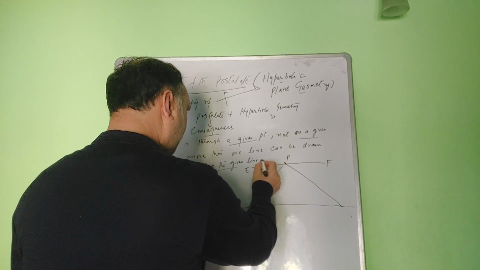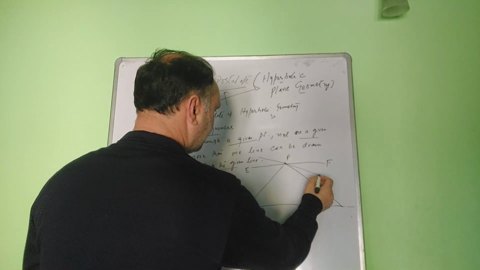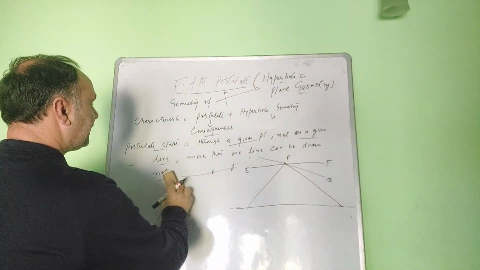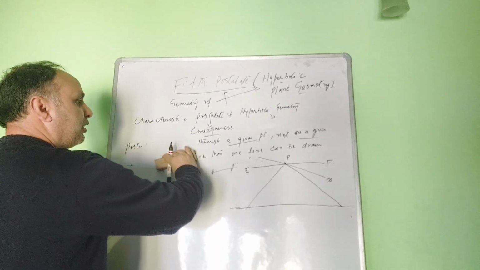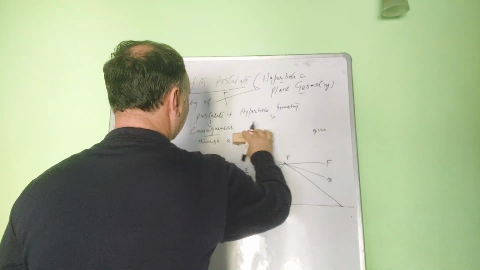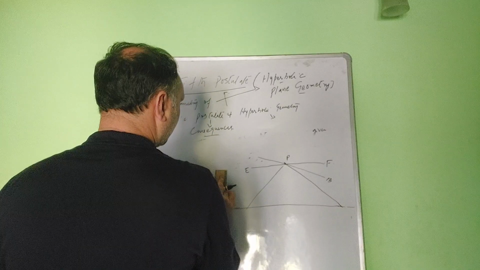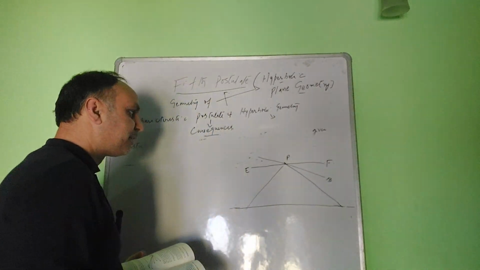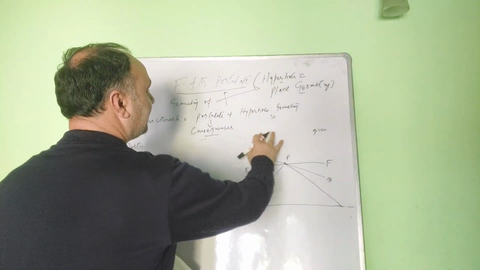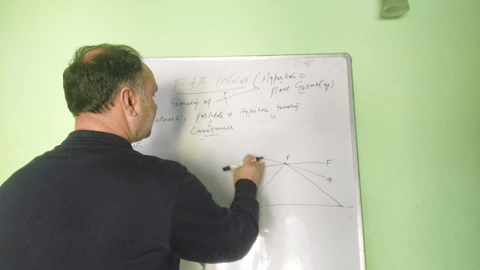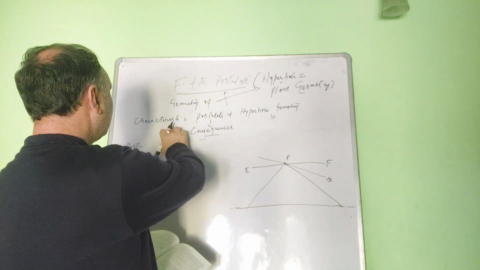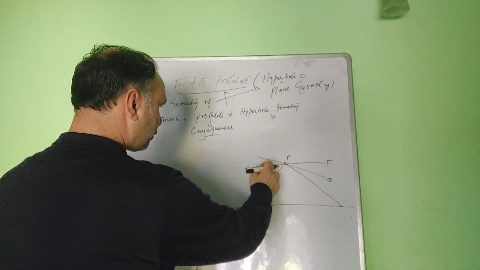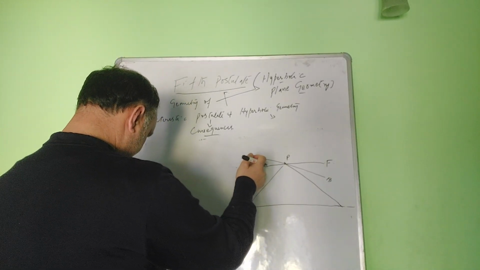For the sake of clarity, I'm going to rub off this postulate so that my diagram becomes more visible. If this is one line, you can draw many lines which are parallel.